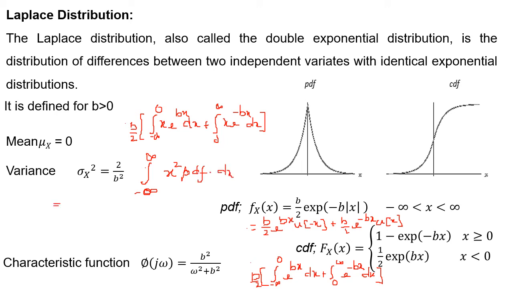So here once again it is b/2, the integral from minus infinity to 0 of x squared e^(bx) dx plus the integral from 0 to infinity of x squared e^(-bx) dx. When you simplify this, you get 2 divided by b squared. And the characteristic function is given by b squared divided by omega squared plus b squared.